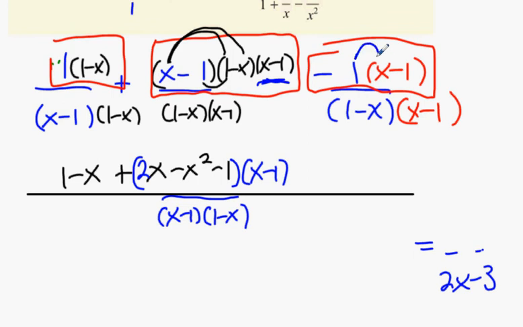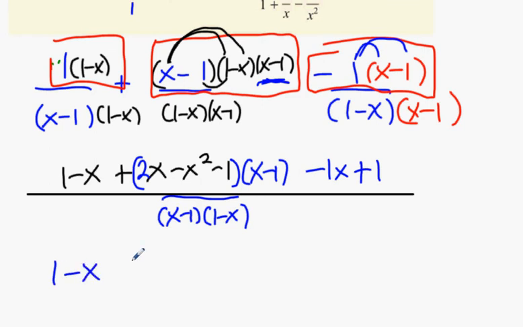Then on this side we have minus x plus 1. Okay, now this man here is thinking, why is he doing it this way? We're going to get it out, but it's so much longer. Okay, so look what else happens. 1 minus x, now we have to multiply this out. So what happens?